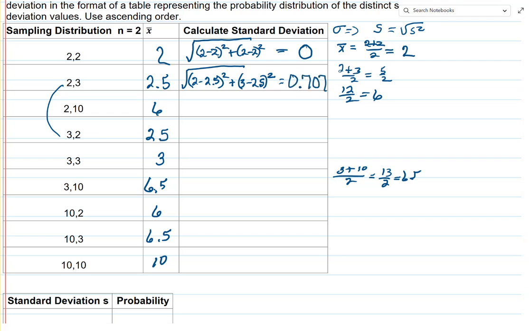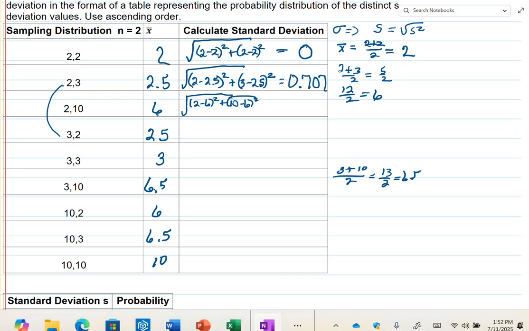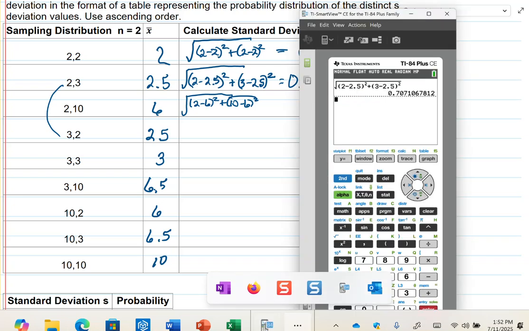All right, now I have this guy, which I'm going to do the square root of 2 minus 6 squared plus 10 minus 6 squared. Okay, and it's all over 1. So let's do it on our calculator.